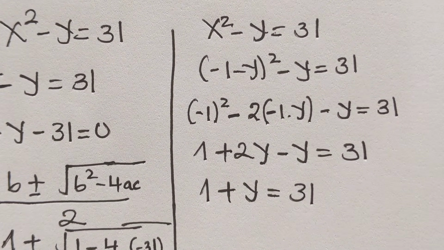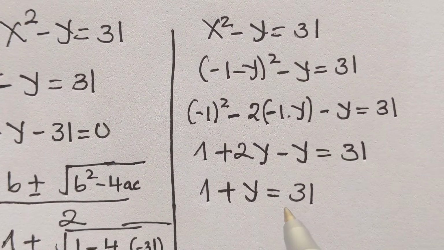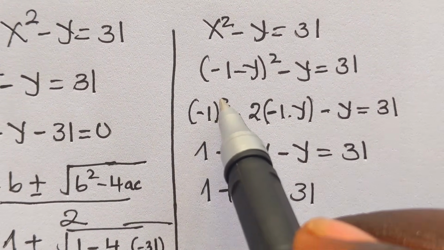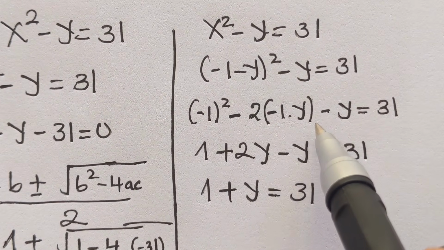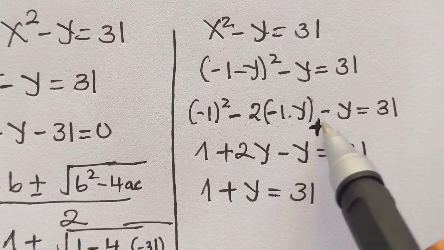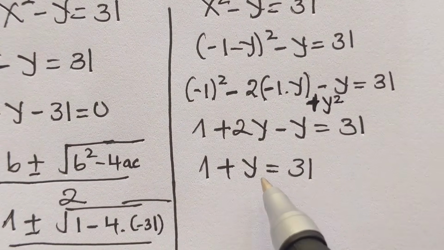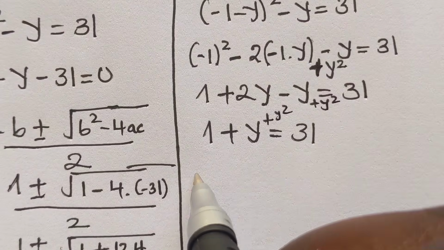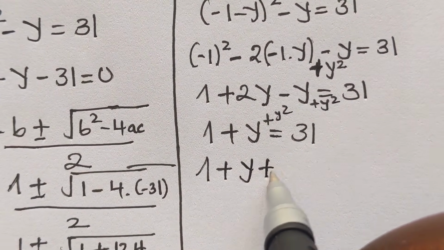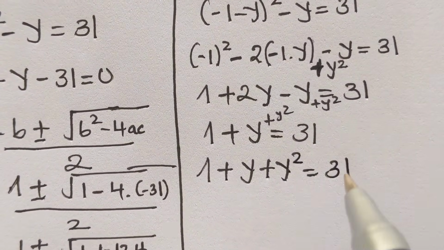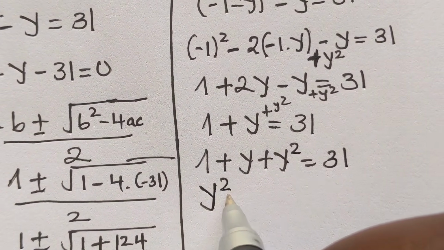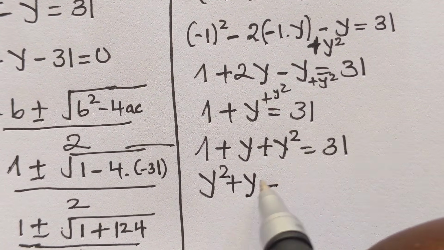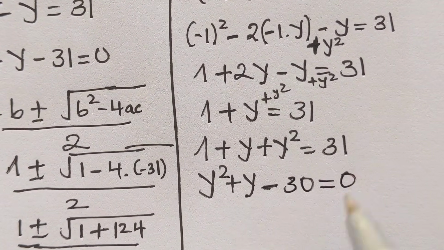But here we have forgotten something. This is a squared minus 2ab plus b squared, so we have to add y squared. So this will be 1 plus y plus y squared equals 31. By rearranging, y squared plus y minus 30 equals 0.